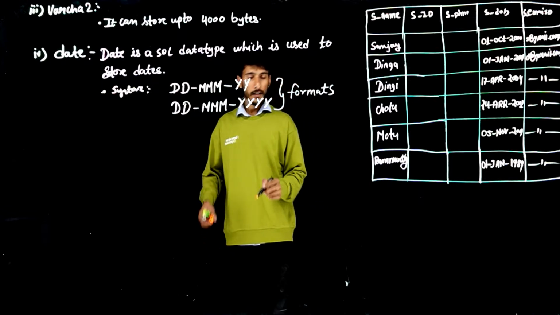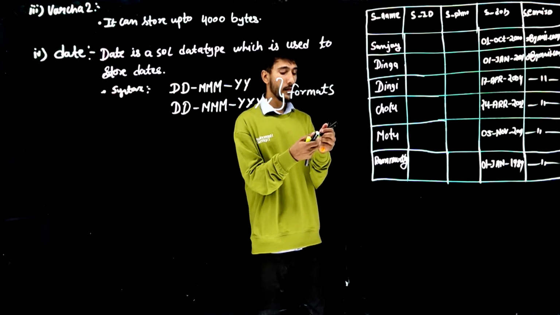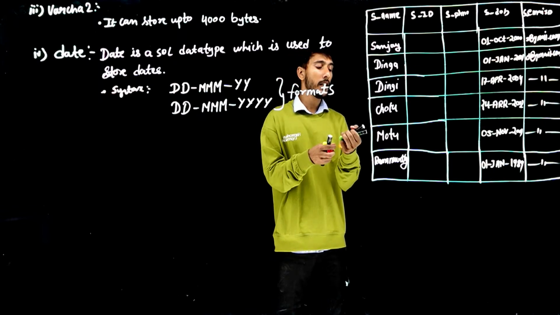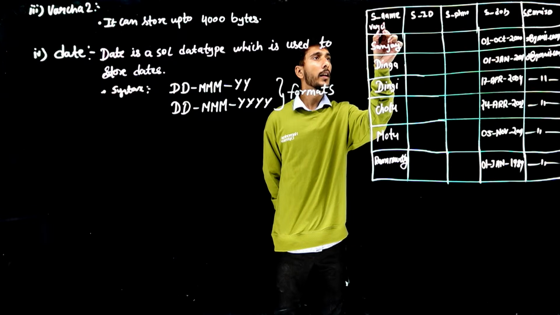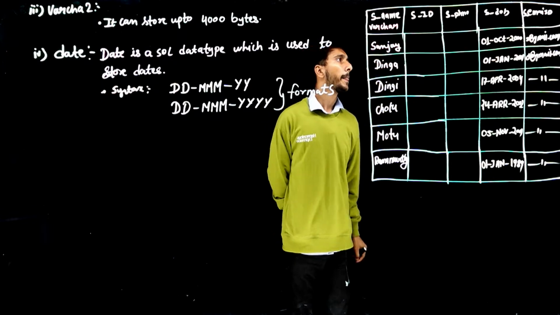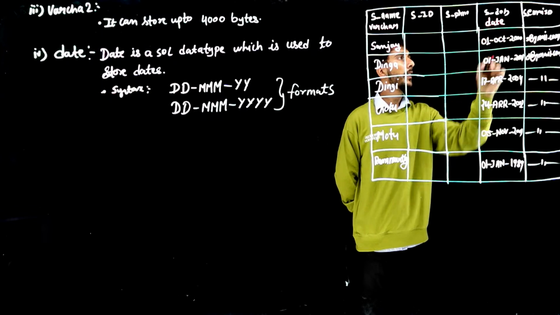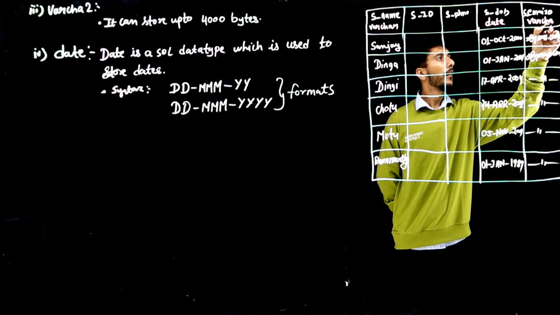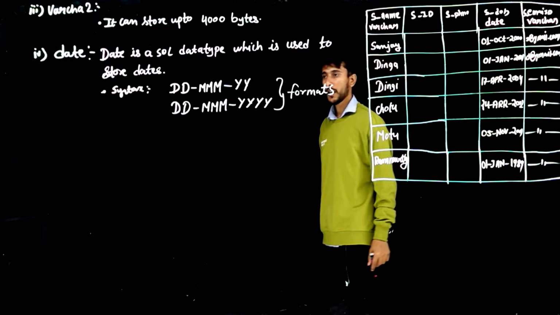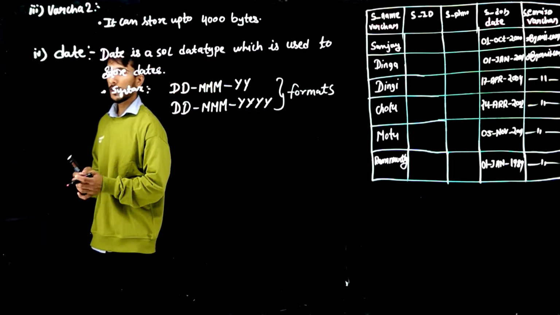So what kind of data type have I used here in student name? Sir, I have used varchar. Sir, for date of birth I have used date. Sir, for email ID again I have used varchar. Yes, done with the date data type.